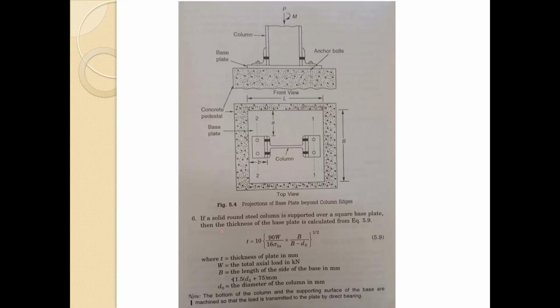Then, if we are going to provide a solid round steel column supported over a square base plate, the thickness of the base plate can be calculated by using this formula.